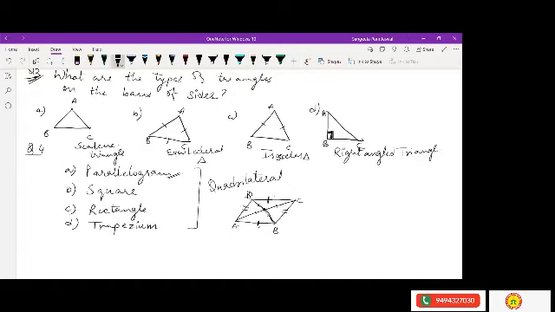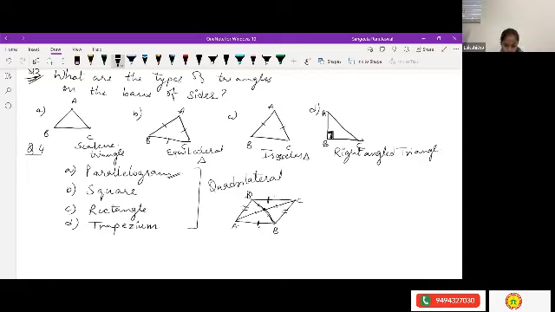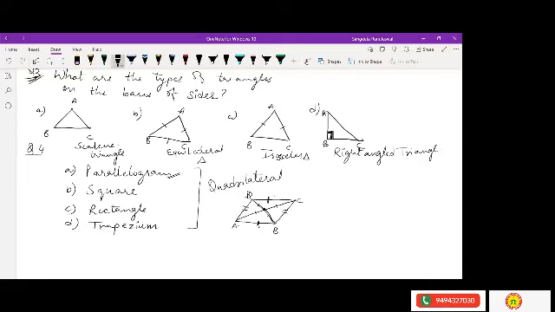Are you understanding? Yes. This diagonal BD is cut by AC into two equal parts, and diagonal AC is cut by BD into two equal parts. Are you understanding, Lakshita and Bhavesh? Yes, ma'am. And one more thing. You can see this angle is an acute angle.